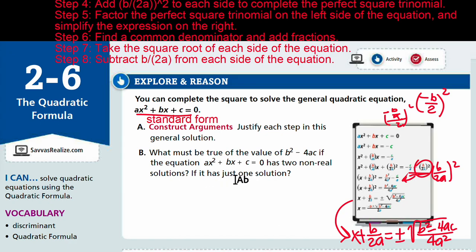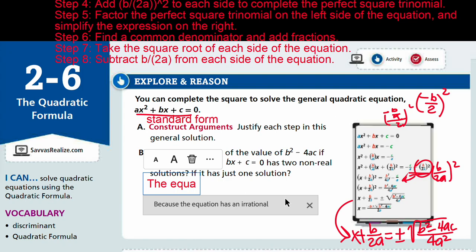If it just has one solution, what does that mean? Could we have one solution? Yeah, there's one special case when your radicand equals 0. B squared minus 4ac, if that is equal to 0, it's just going to be one solution, right? Because you add 0 and minus 0 is still going to be the same number. So x would have one solution, right? So let's write that down.